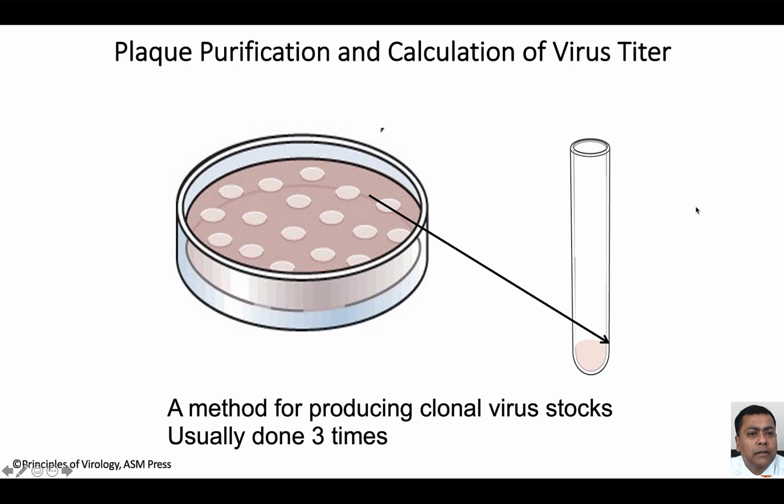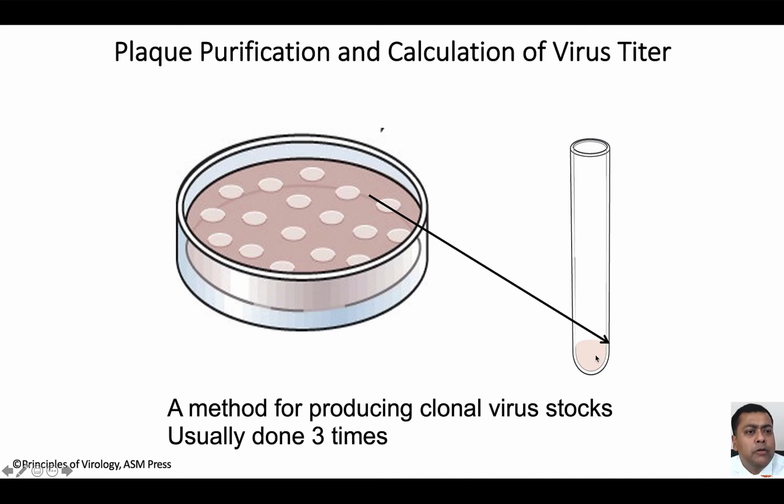From here, you do a serial dilution and do another round of plaque assay. Then in the second round, you again pick up a plug of agar, suspend that, and do it a third time. Usually when you do this plaque purification at least 3 times, you get a clonal virus stock. That means each and every virus in that stock theoretically has the same genetic makeup.